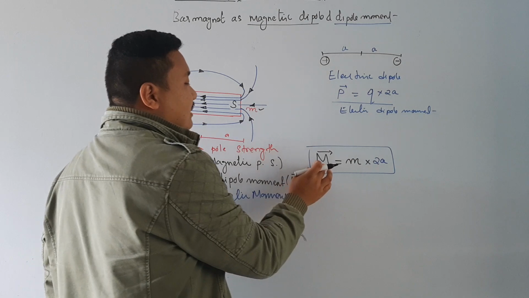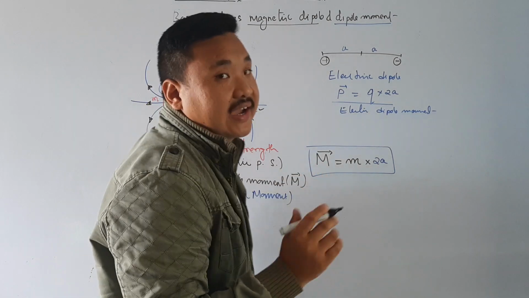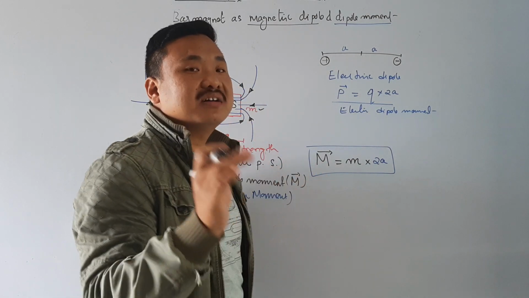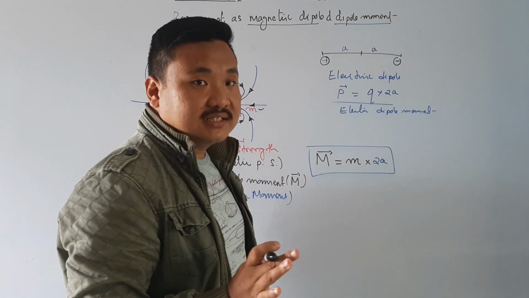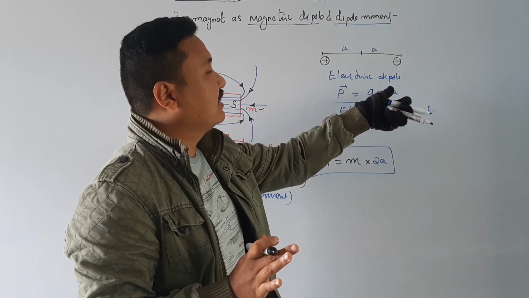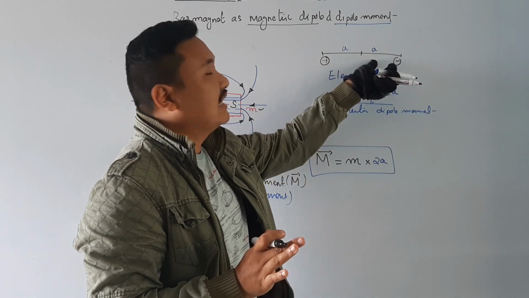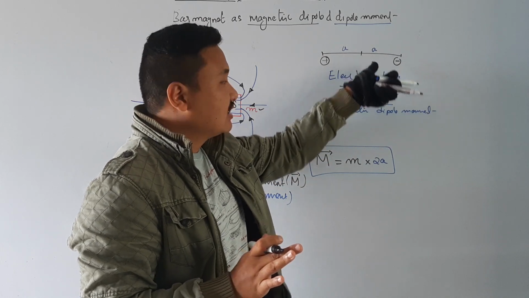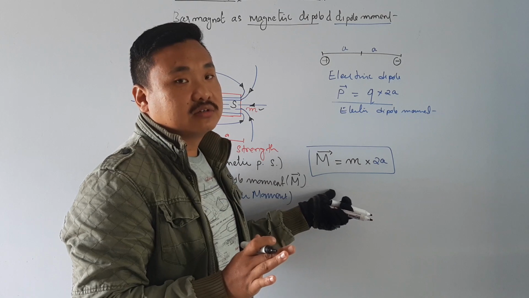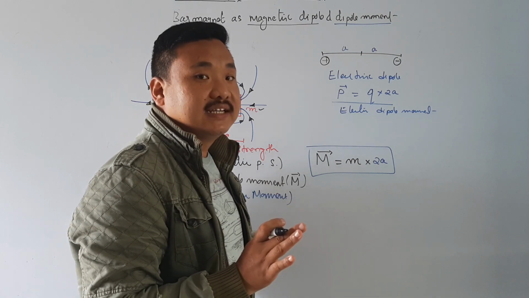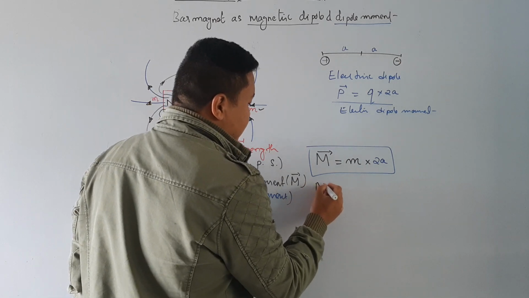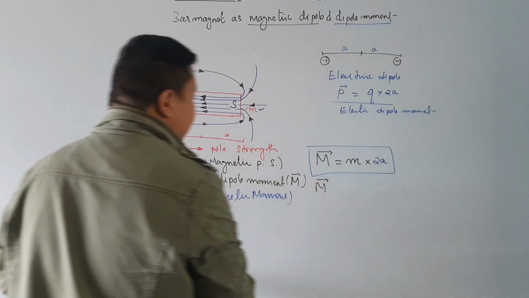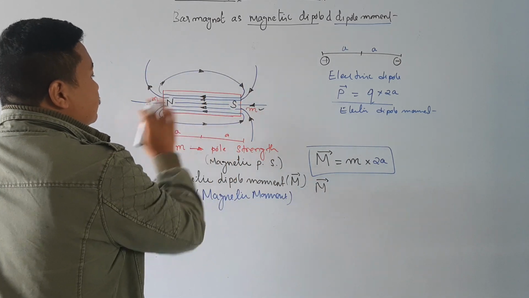Now, magnetic dipole moment is a vector quantity, so it must have a direction. So what is the direction? We have talked about direction in electric dipole moment. Similarly, we will also talk about the direction of magnetic dipole moment vector.